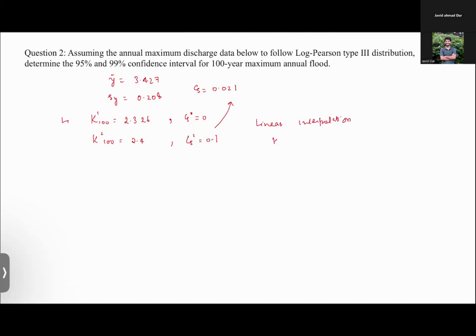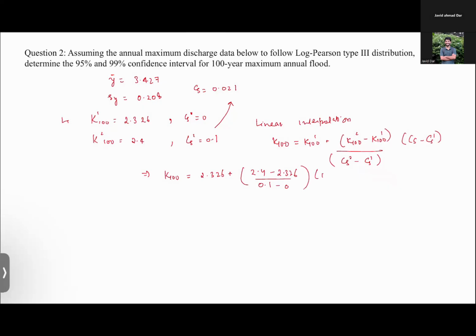So it will be K100 equal to 2.326 plus 2.4 minus 2.326 and so on. So this becomes around 2.341.